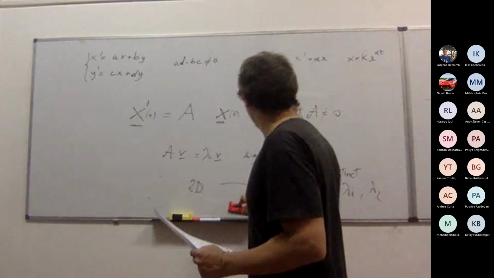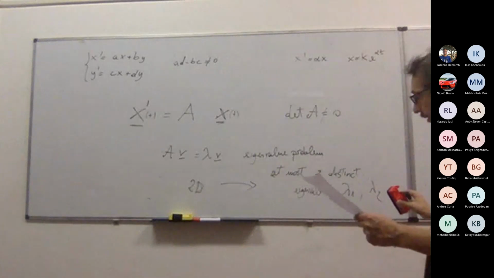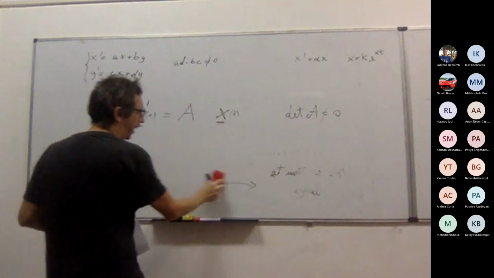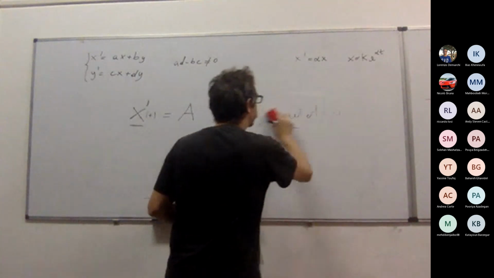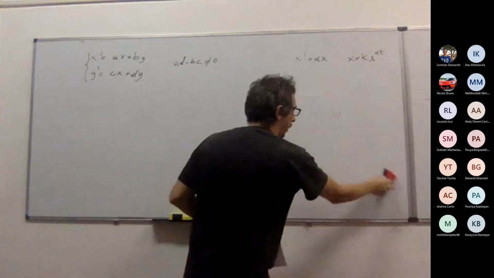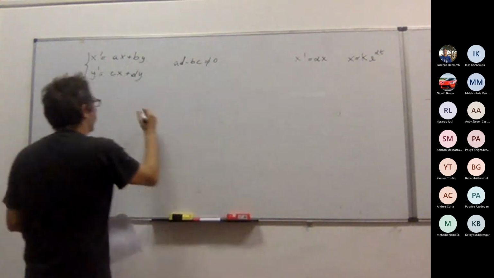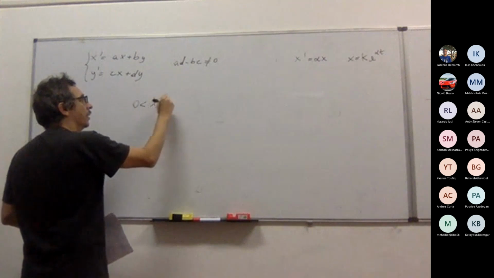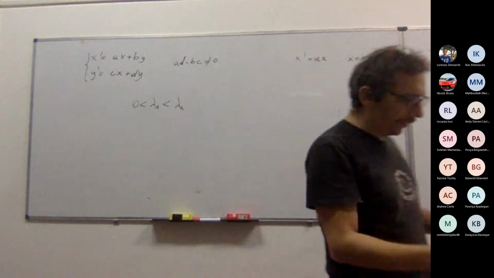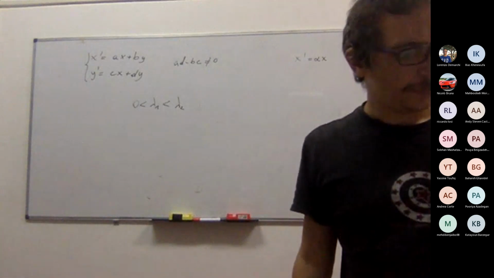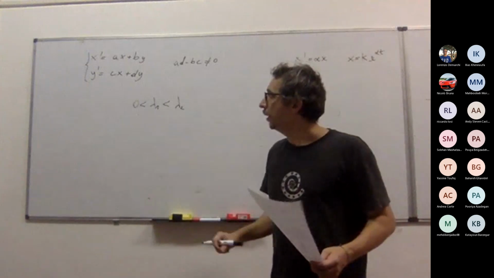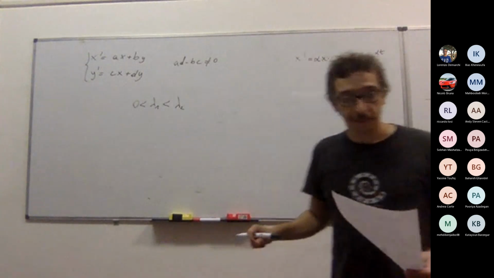So what I want to do is to analyze the case of the solution of the eigenvalue problem when both lambda 1 and lambda 2 are larger than 0 and they are different and real.